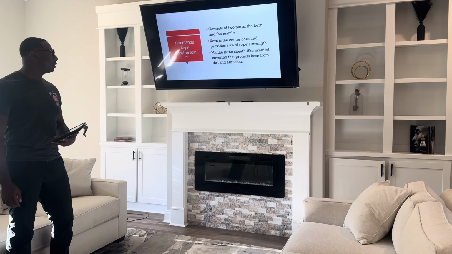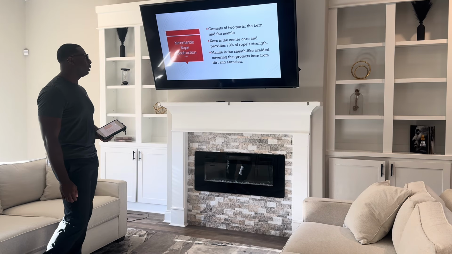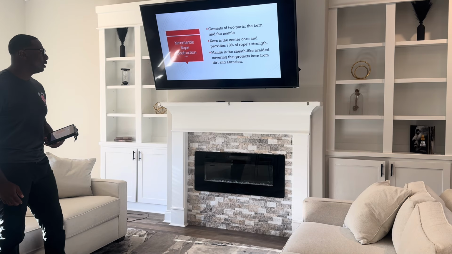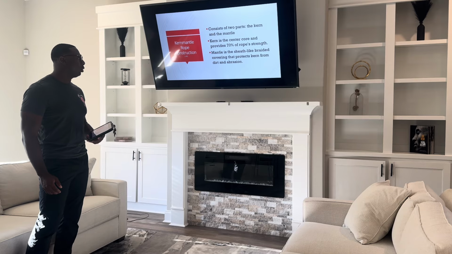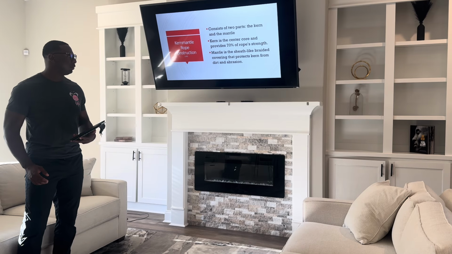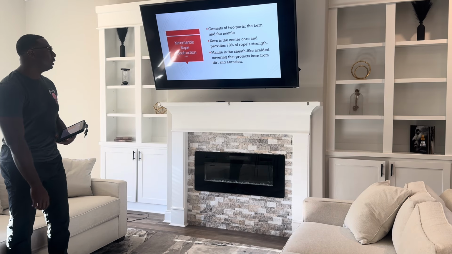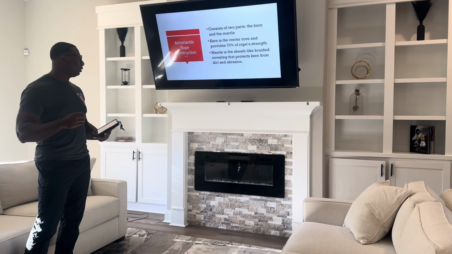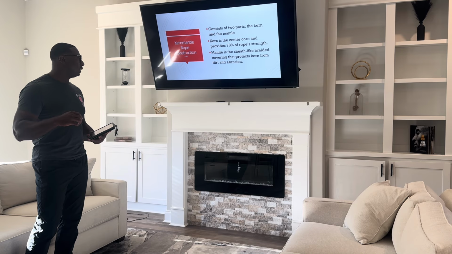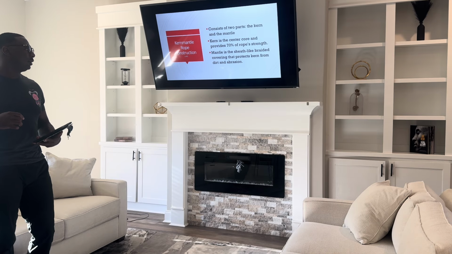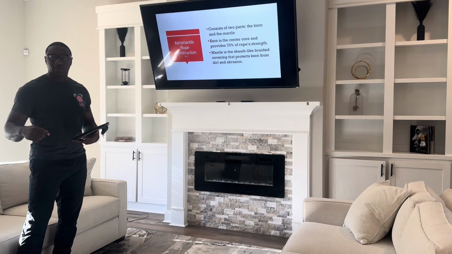Kernmantle rope construction consists of two parts, the kern and the mantle. The kern is the center core and provides 70% of the rope stretch. So that's the center of it. Then you have the mantle, the sheath-like braided covering protecting the kern from dirt and abrasions.